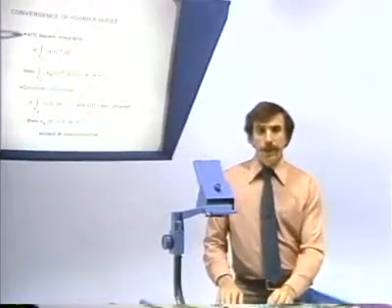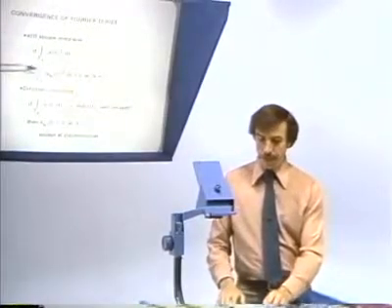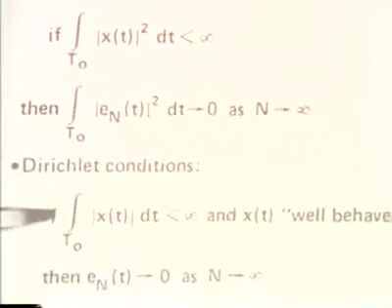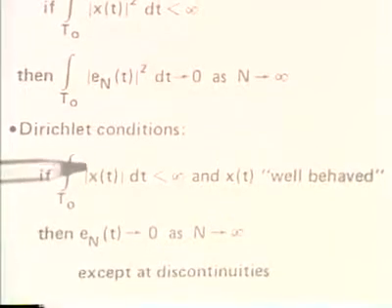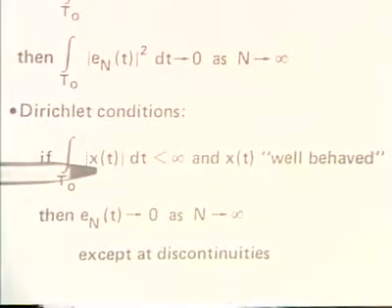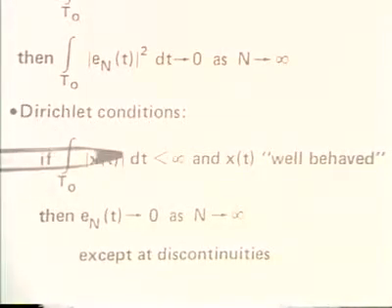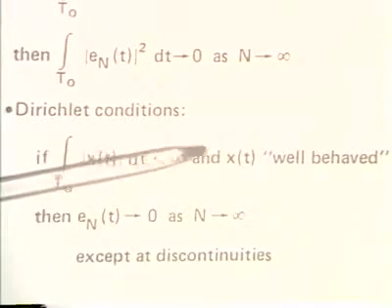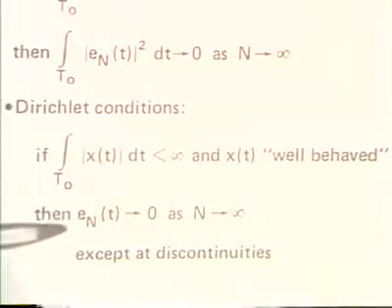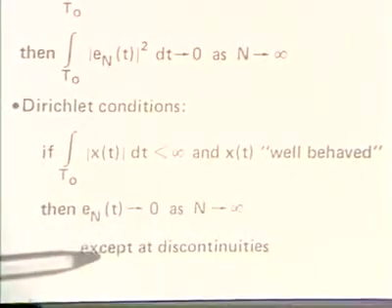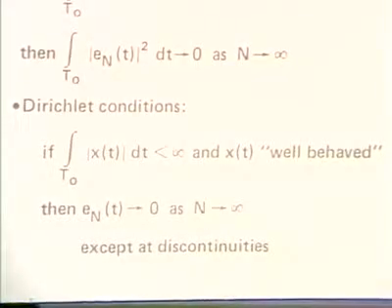A somewhat tighter condition is a condition referred to as the Dirichlet conditions, which says that if the time function is absolutely integrable, not square integrable, but absolutely integrable, and I've kind of hedged the issue by just simply referring to x of t as being well behaved, then the statement is that the error, in fact, goes to 0 as n increases, except at the discontinuities.